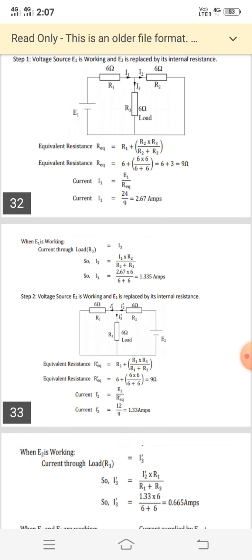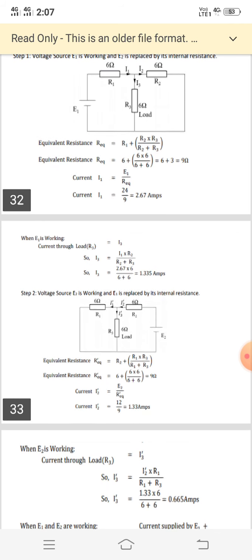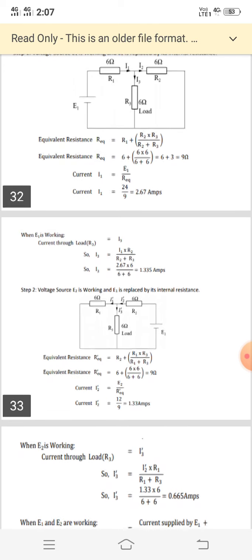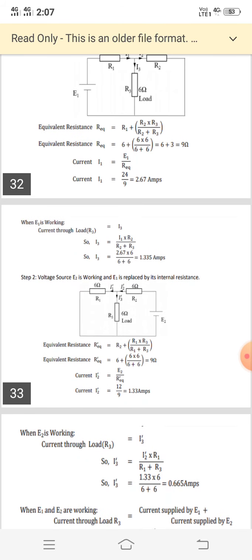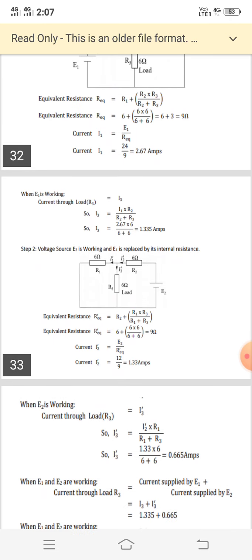The formula is the same. R equivalent dash equals R2 in series with R1 and R3, but R1 and R3 are in parallel. So R equivalent dash = R2 + (R1 × R3)/(R1 + R3). So we get 9 ohm for R equivalent dash. Next, I2 dash = E2 / R equivalent dash.